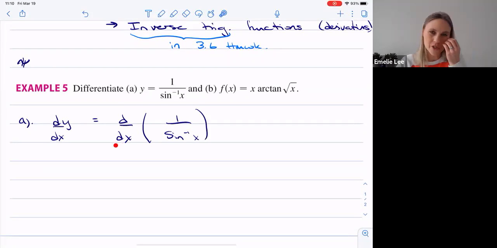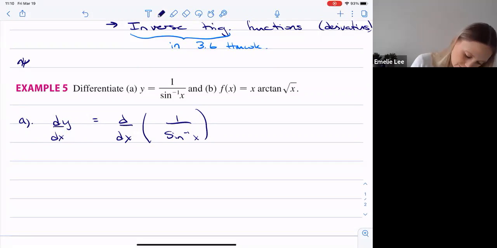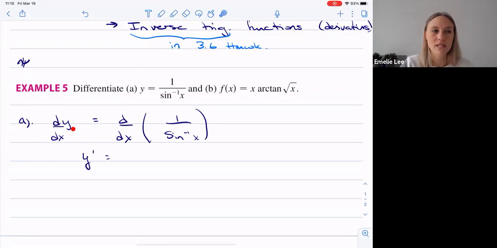Remember, I have a hard time showing that I'm about to take the derivative any other way but the d dx, but in the next step, I'm going to write y prime. They're equivalent, especially if I take the derivative of y, y to the power of 1 becomes 1 times y to the power of 1 minus 1, which is just 1. So it becomes 1 times y prime. We're still doing that, except now we're just writing y prime.